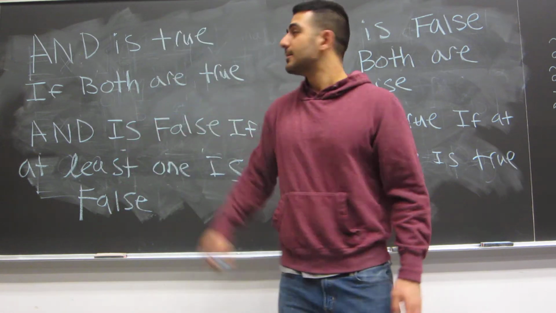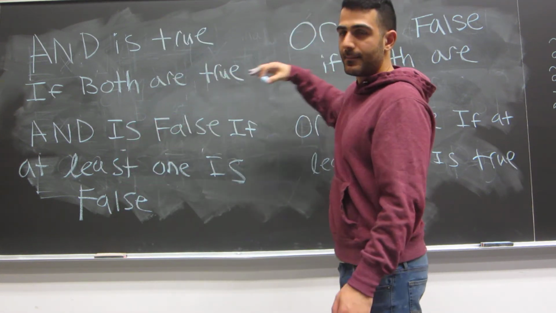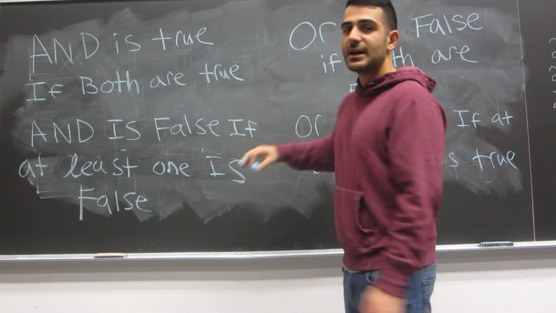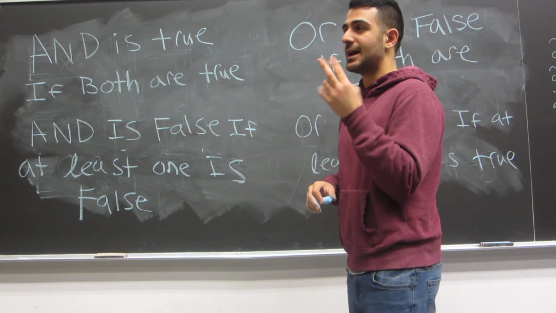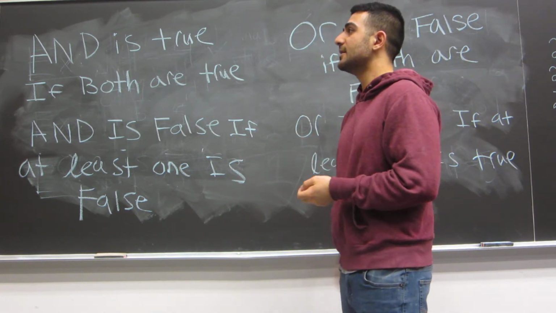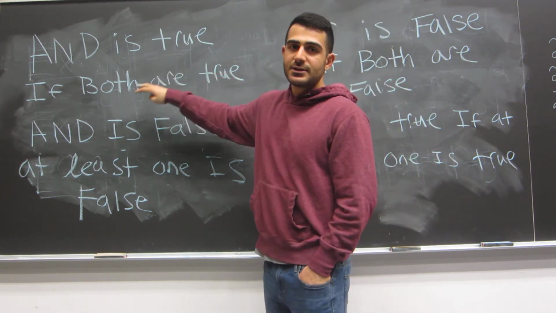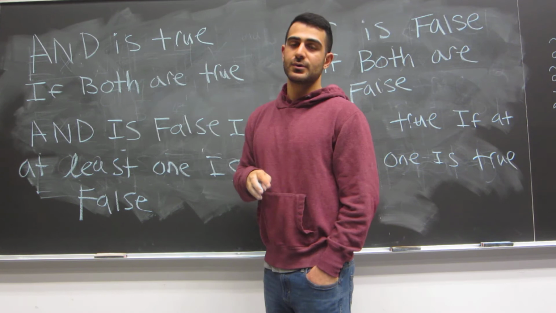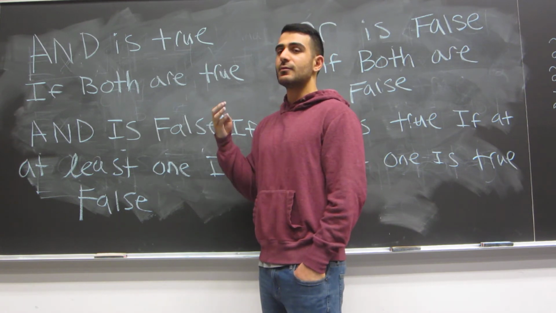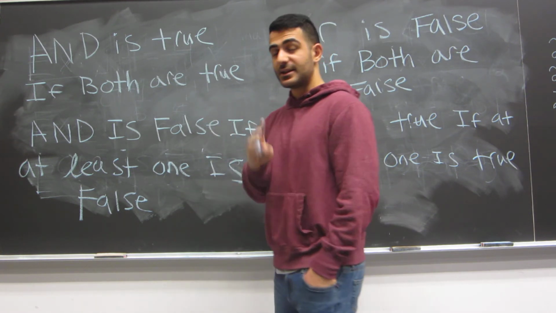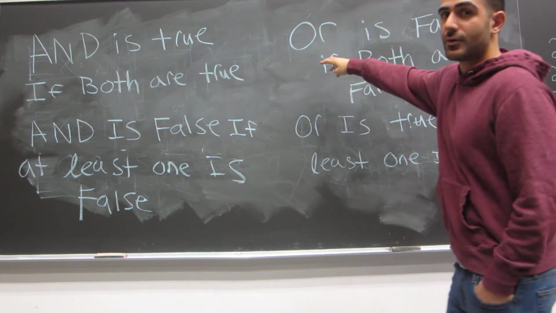Now let's compare them and see some kind of mirror image aspect or some symmetry aspect with AND and OR. We said that an AND is true if both are true. That's the only way an AND could be true. But let's look at an OR statement.